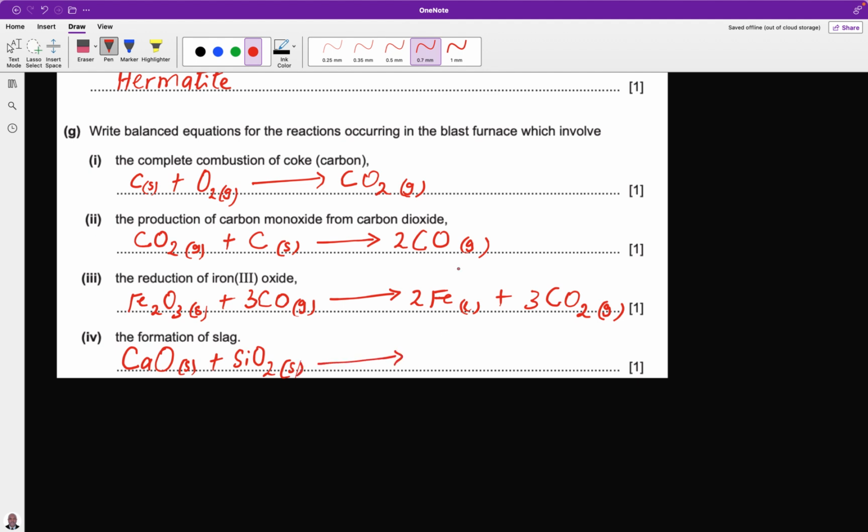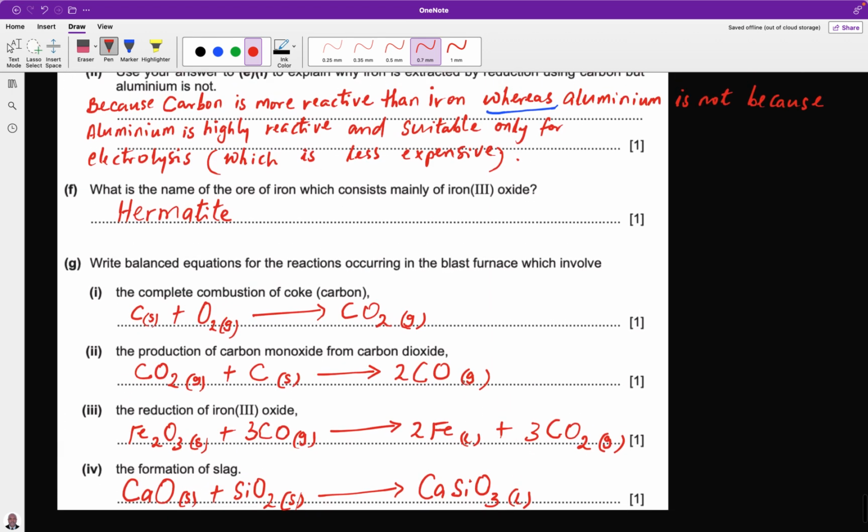When these meet, we get calcium silicate, CaSiO3, and that is liquid. So that is how it is formed: calcium oxide plus SiO2, which is solid, to give us CaSiO3. So this is all you can do.